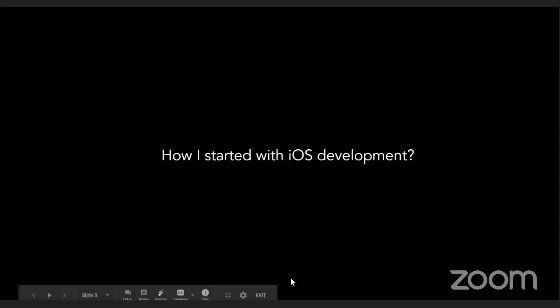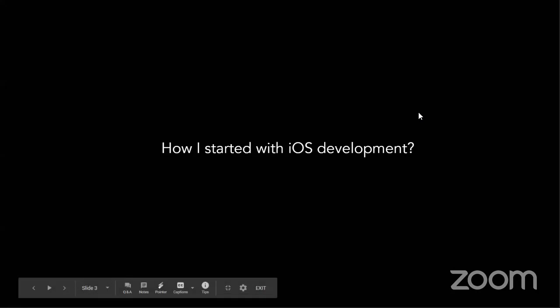I chose to work at startups, so I joined one of the startups in Delhi, where I didn't get the chance to work on Android because Android developers were already there. So I took the iOS opportunity, as my interests were around mobile app development. I chose iOS and continued with it, and it was more interesting for me than Android.